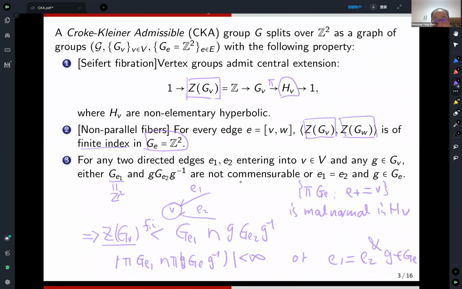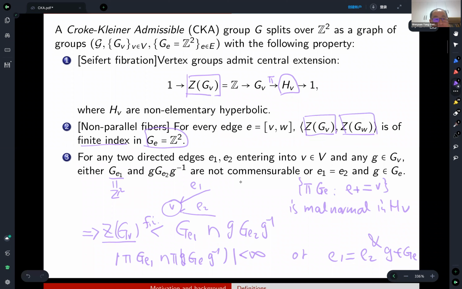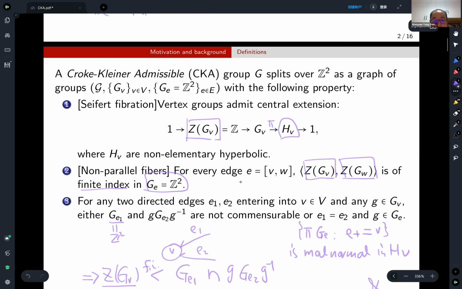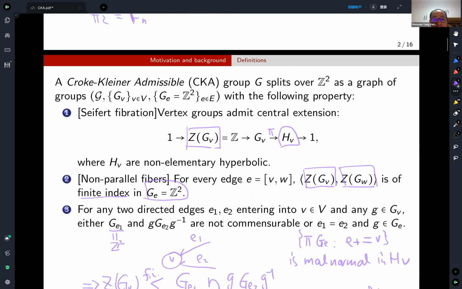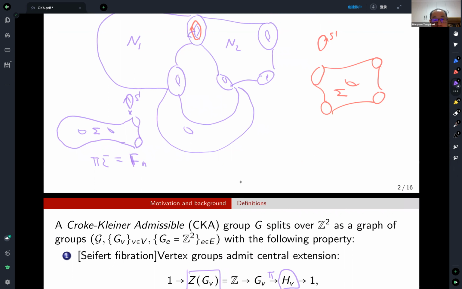Okay, this is roughly the definition of Croke-Kleiner groups. This is modeled on the graph manifold groups. The third condition just means you don't glue two Seifert fibered manifolds on the same boundary component.